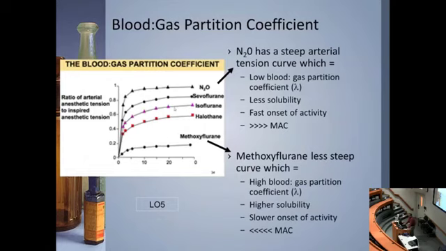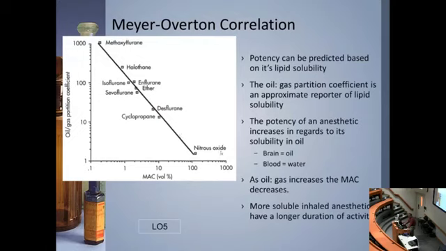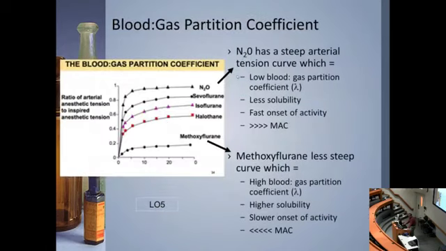Just to look at two opposing examples, here's nitrous oxide, which theoretically has the largest MAC, and here's methoxyflurane, which theoretically has the smallest MAC on this chart. Here's the role of the blood-gas partition coefficient.